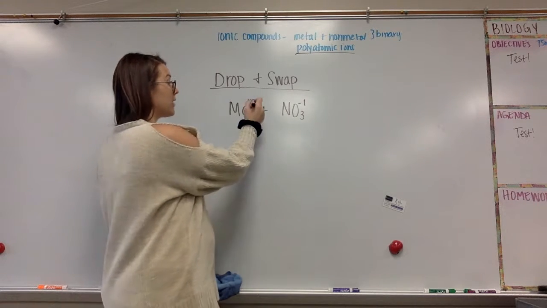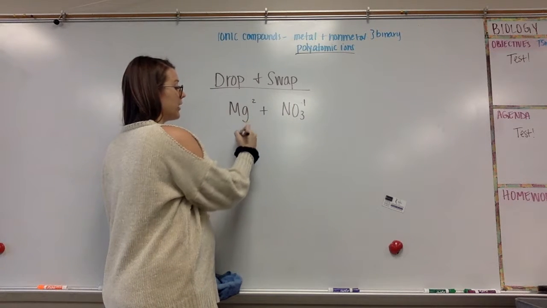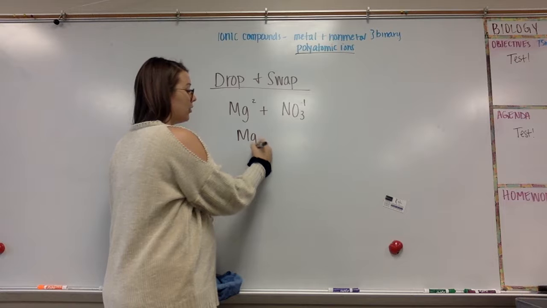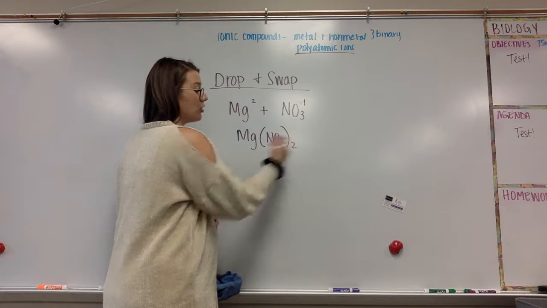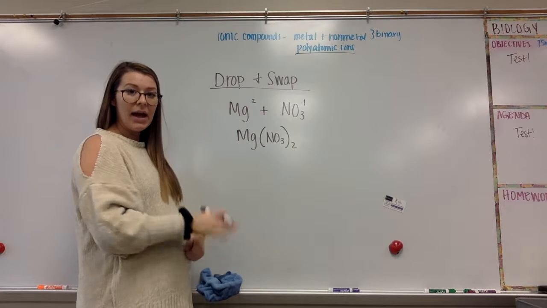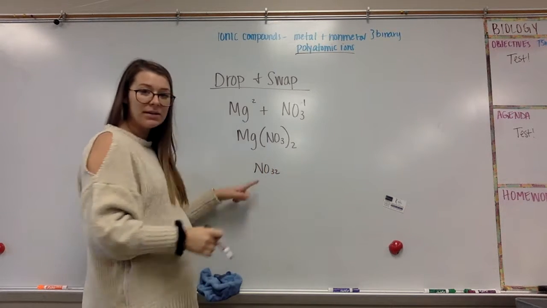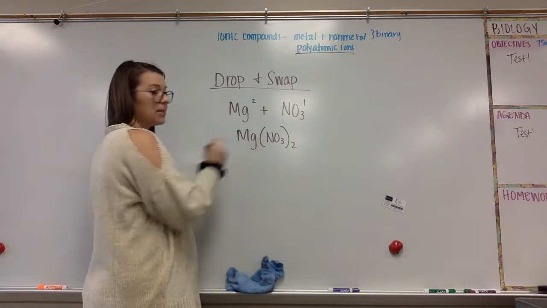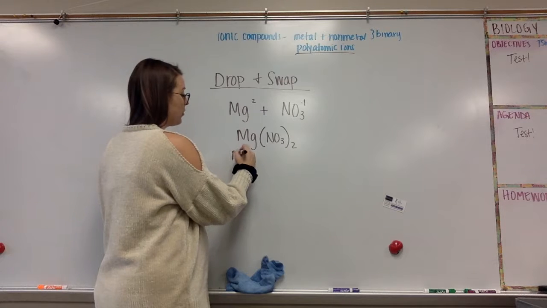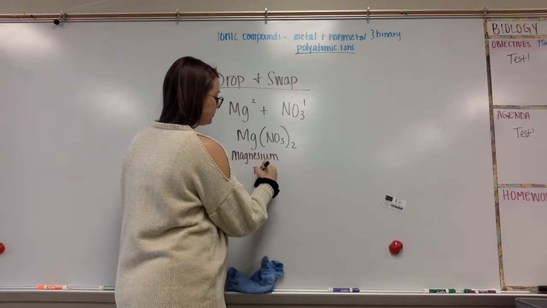So I erase these, and then the 2 comes over here and the 1 comes over here. So my final formula would be Mg(NO3)2. I would never write MgNO32 because that looks like I have 32 oxygens, and that's not correct. So I need these parentheses. And then the final name would be magnesium nitrate.